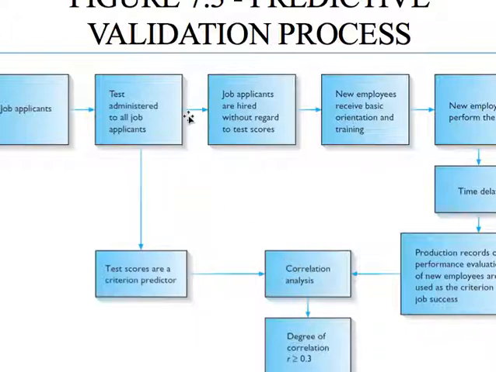If not, the applicants are hired without regard to how well they scored on their test. Then new employees receive their basic orientation and training. They perform the job, there's a time delay, then they look at the production records or any performance evaluations to see how well they align with the criterion of job success. That is analyzed, and then you get the degree of correlation. So that is how predictive validation works.